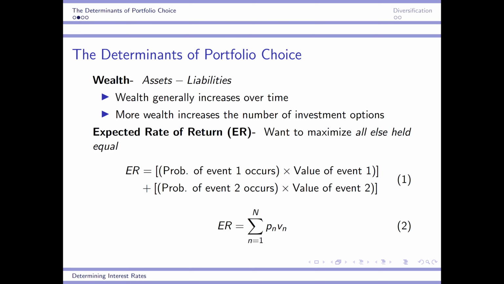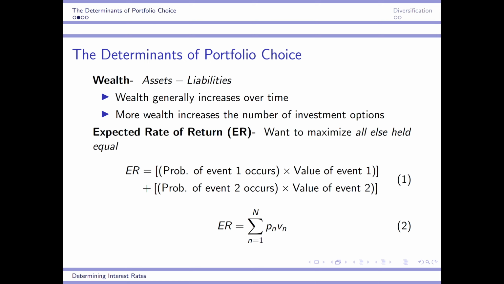And we calculate the expected rate of return using equation 1. And in it, let's say that there's two different events occurring, one that increases an investment by 4% and one by 8%. Well, the expected return is the probability of the first event occurring times the value or return that event provides, plus the probability of event number 2 occurring times the value that event 2 provides.